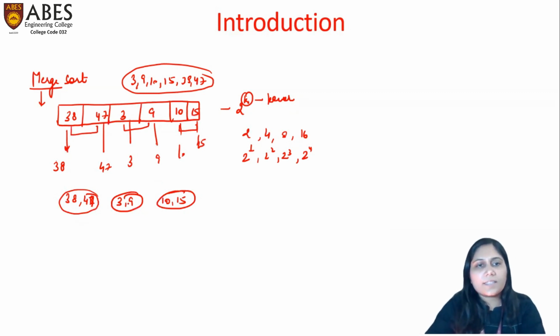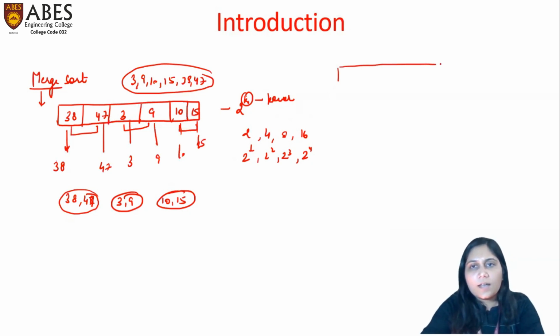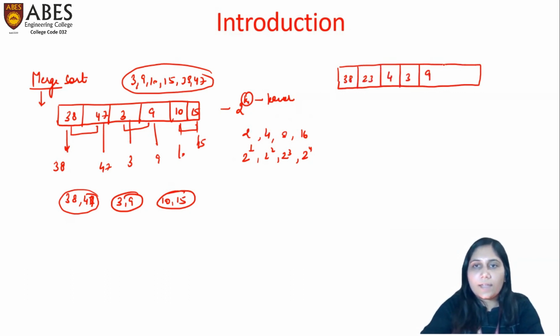Let's take an example for this. Suppose I have the elements 38, 23, 4, 3, 9, and 7. If I divide it into pairs, in powers of 2, it will be 38 and 23, 4 and 3, and 9 and 7.